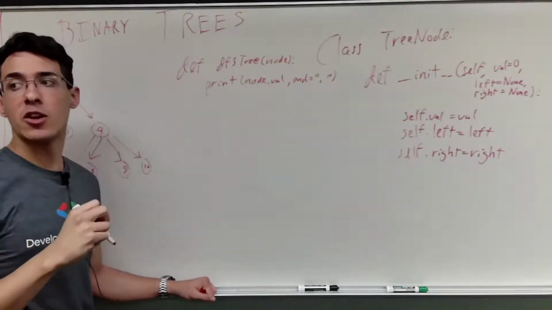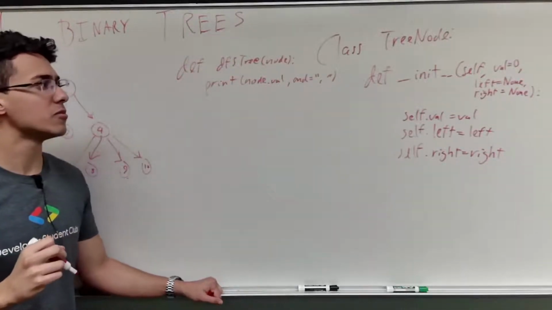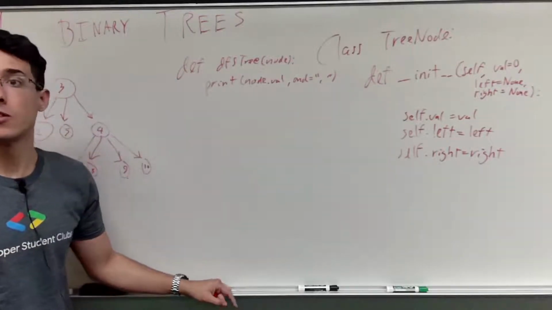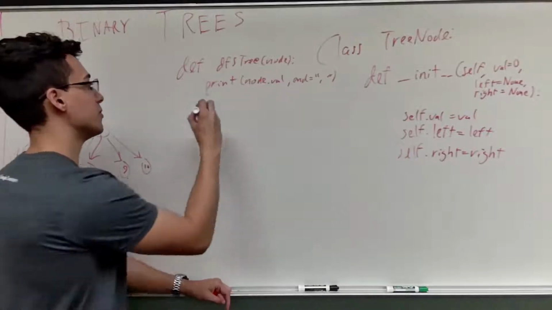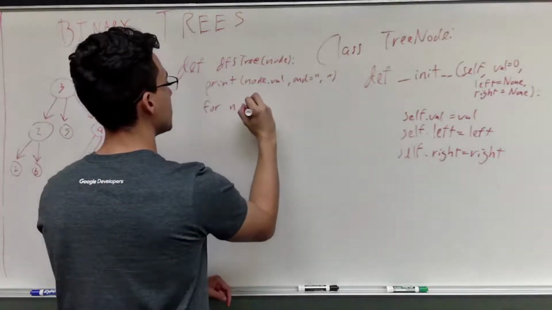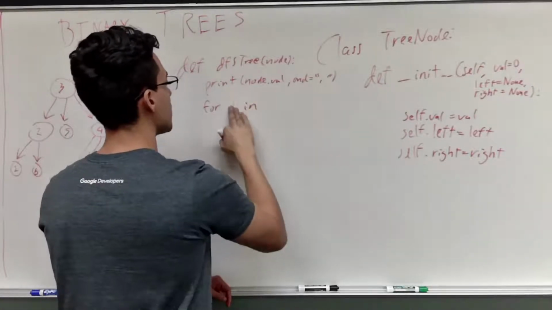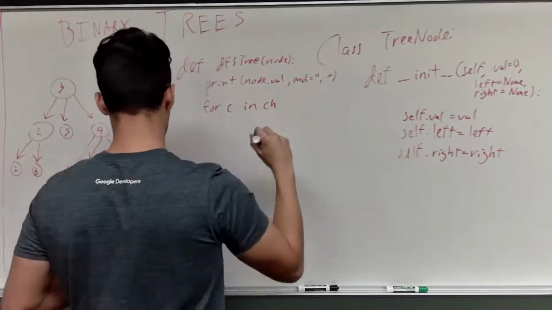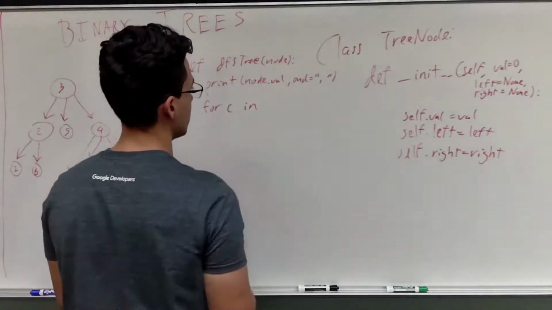And then, what would I do? Well, what did I say about n-ary tree nodes as opposed to this one? What was the difference? They have a list. So you do a for loop: for C in the children, which is an attribute of node.